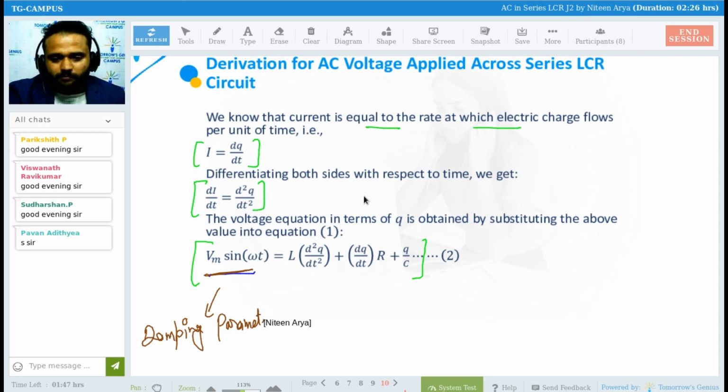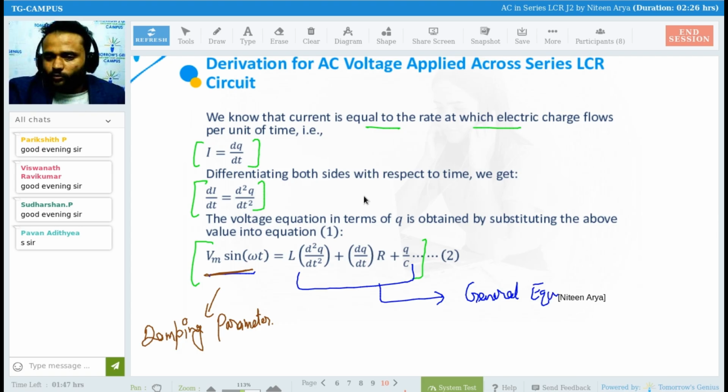And the remaining part on the left side is the general equation of the SHM oscillator, or simple harmonic motion.